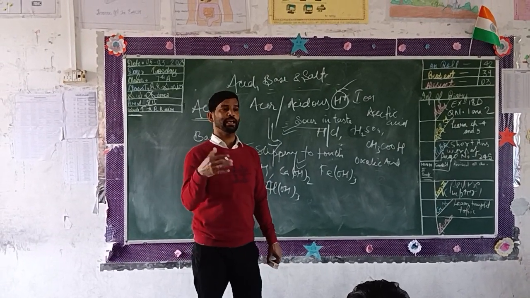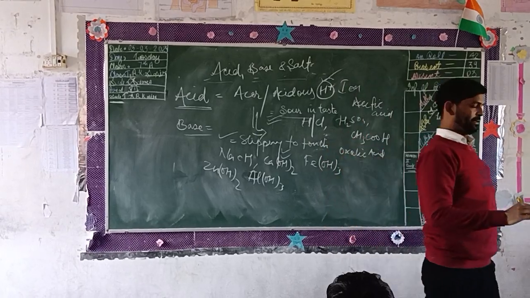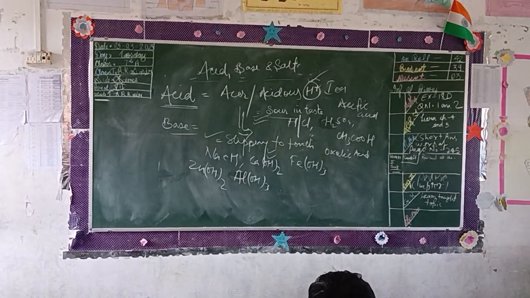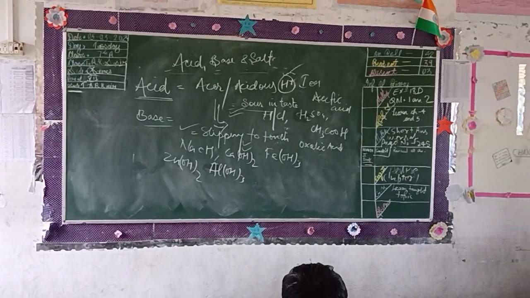If it produces H+ ion, then only can it be said to be an acid. It is also called a cation, because it can produce H+ ion.